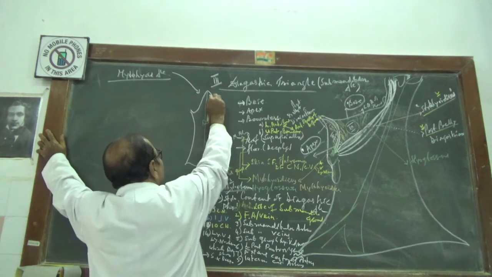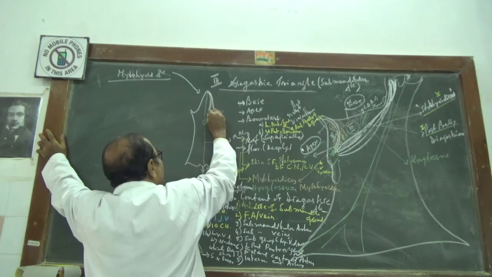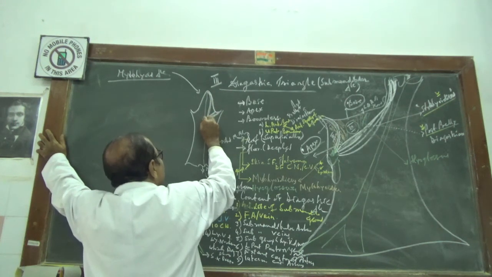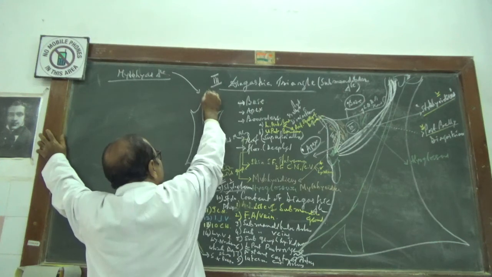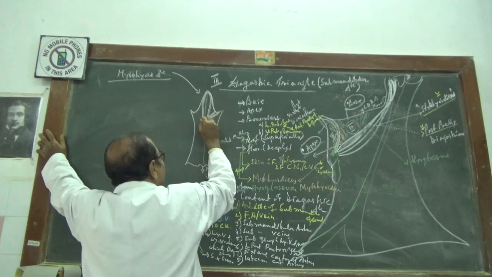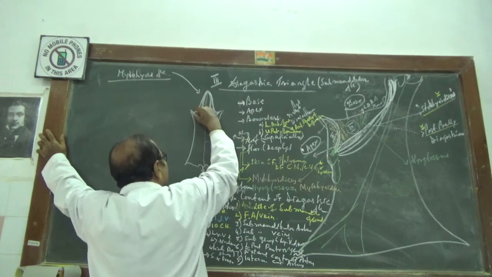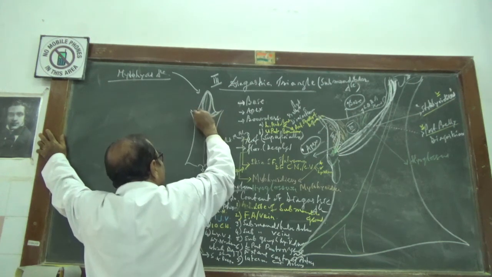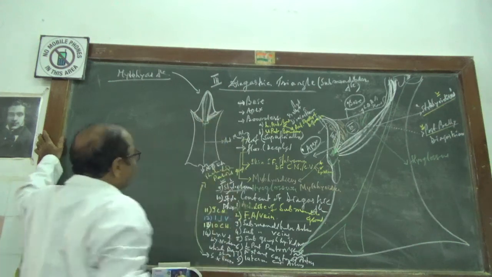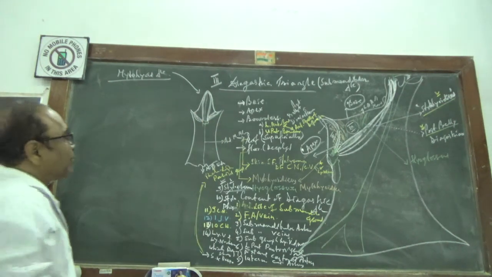So this will be the anterior belly of the digastric of one side. So this will be the anterior belly of the digastric of the other side. So this is the stylohyoid. This is your posterior belly of the digastric.